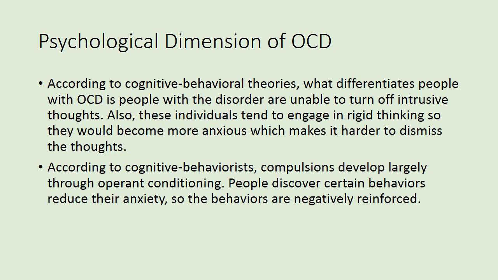According to cognitive behaviorists, compulsions develop largely through operant conditioning. People discover certain behaviors reduce their anxiety, so the behaviors are negatively reinforced. The aversive stimulus, the distressing thought or anxiety, is relieved temporarily by the compulsion, which then reinforces that compulsive action.